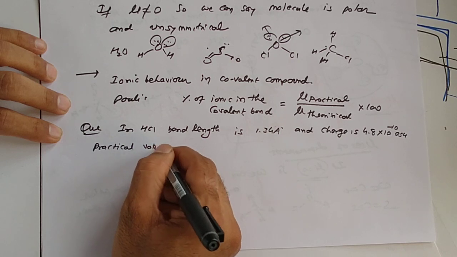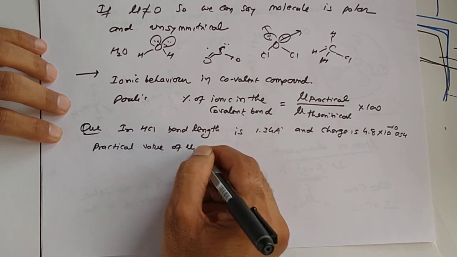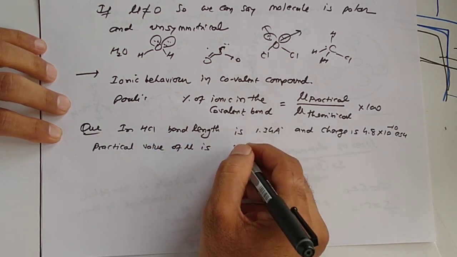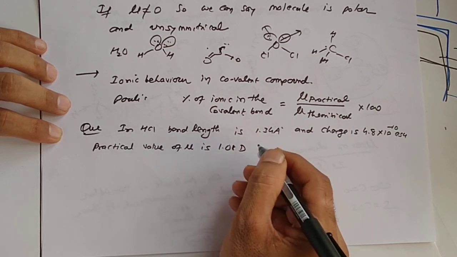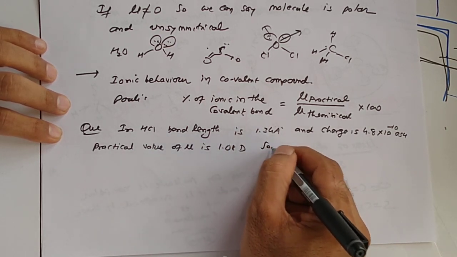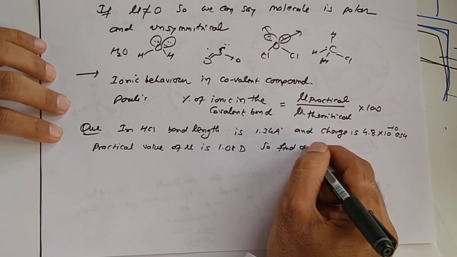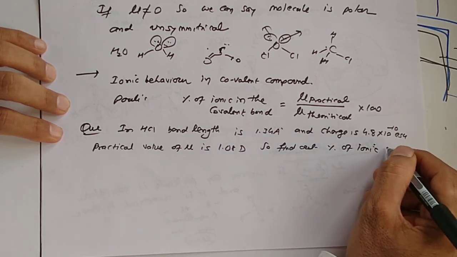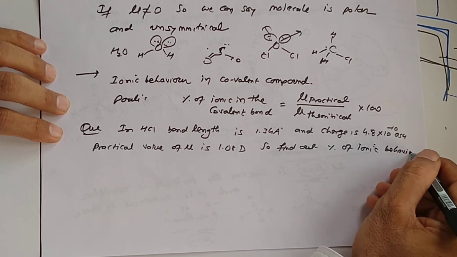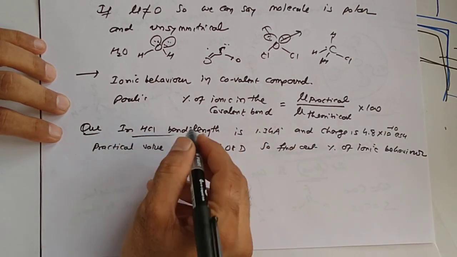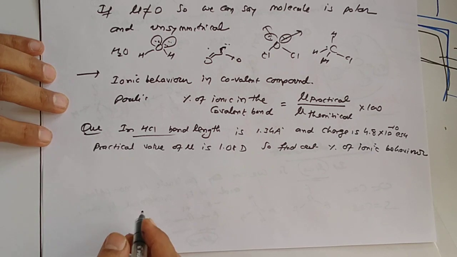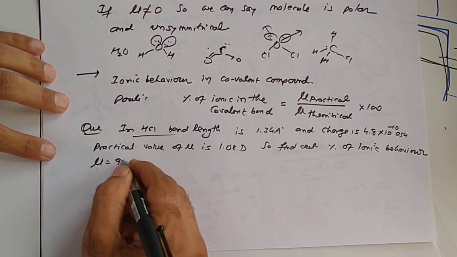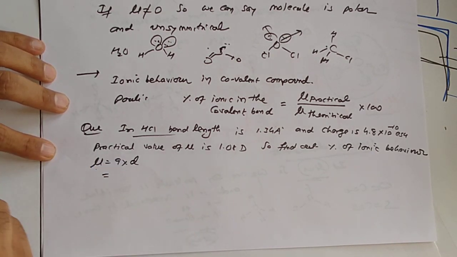The practical value of mu is 1.08 debye. So find out the percentage of ionic behavior in the given molecule. We know mu is equal to Q into d.